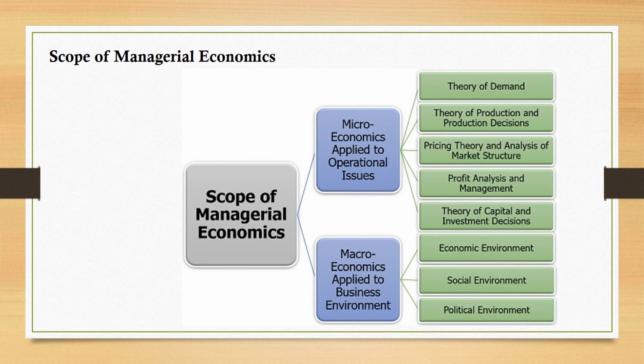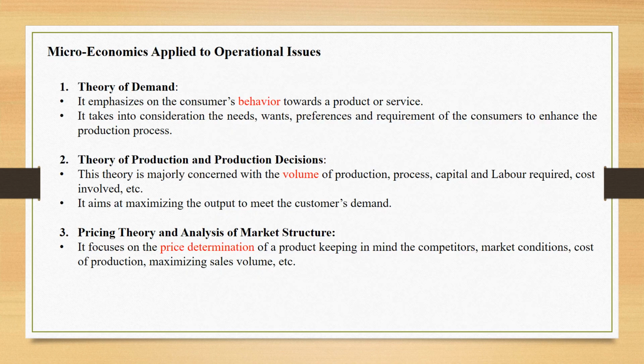The first part, micro, includes theory of demand, theory of production and production decisions, pricing theory and analysis of market structure, profit analysis and management, and theory of capital and investment decisions. Macroeconomics, applied to the business environment, includes the economic environment, social environment, and political environment. Now let us see one by one.